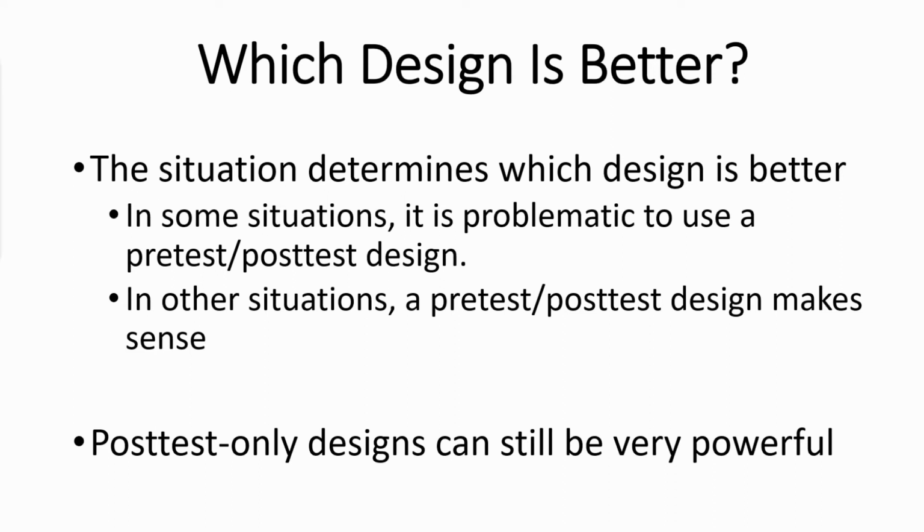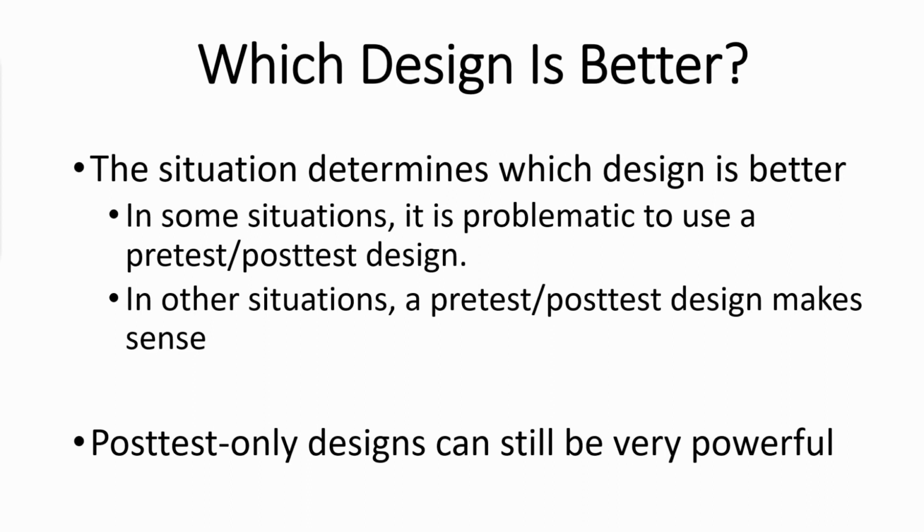So sometimes it's not really viable to be measuring a particular dependent variable beforehand. So it's really difficult to set that up sometimes. There are limitations on what you're measuring and how you measure it.